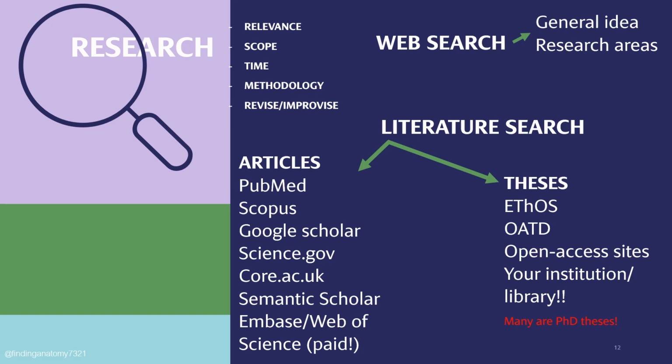And that will give you a more accurate idea about what exactly it is that you are required to do. And just to keep in mind, if you're looking for theses online, a lot of these are PhD theses, so they are in a lot more depth and complexity than what you will be required to do, but they still can give you an idea about your research topic and how to go about doing it.